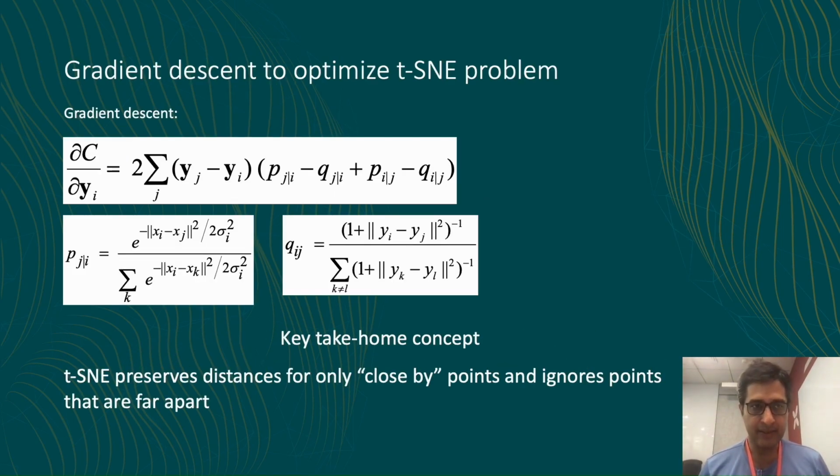Now, having done that, you carry out a gradient descent method to optimize for the t-SNE problem overall. What you have to keep in mind in carrying out this optimization is that in the early stages, you add a little bit of Gaussian noise to map the points across, and then you gradually reduce the variance of this noise to help the optimization along.